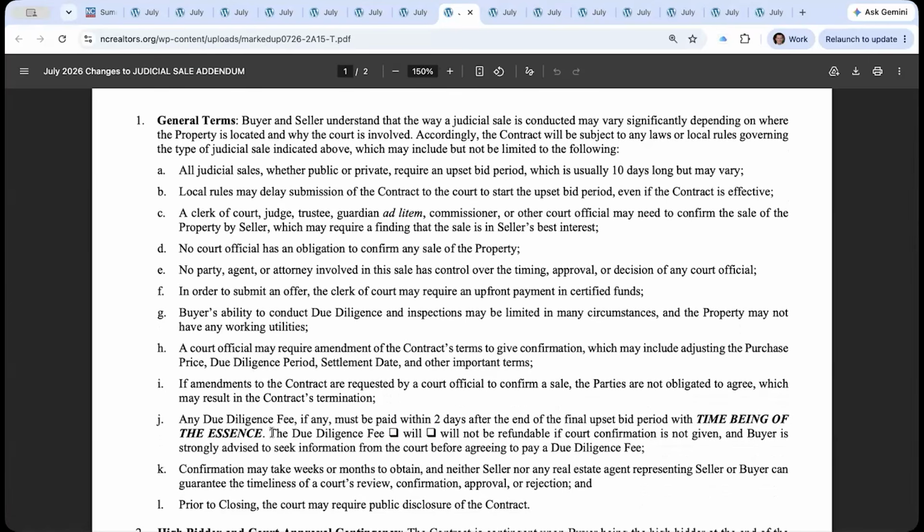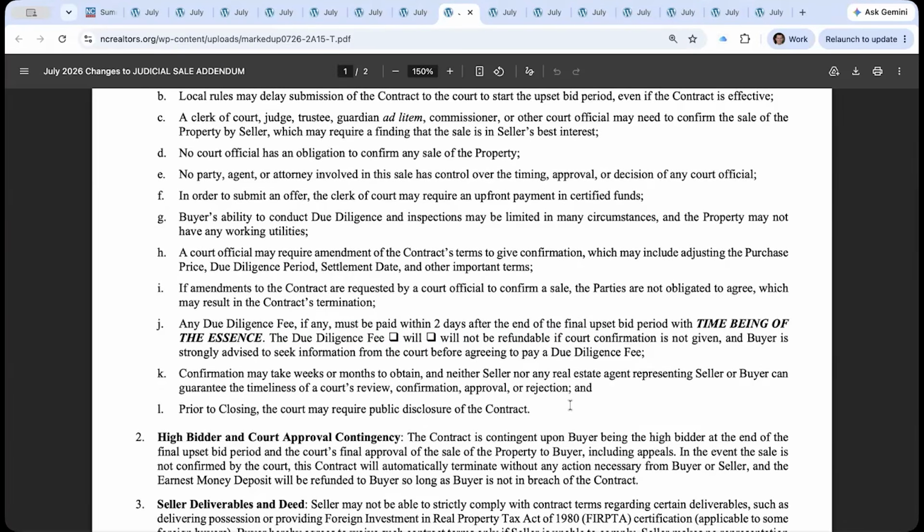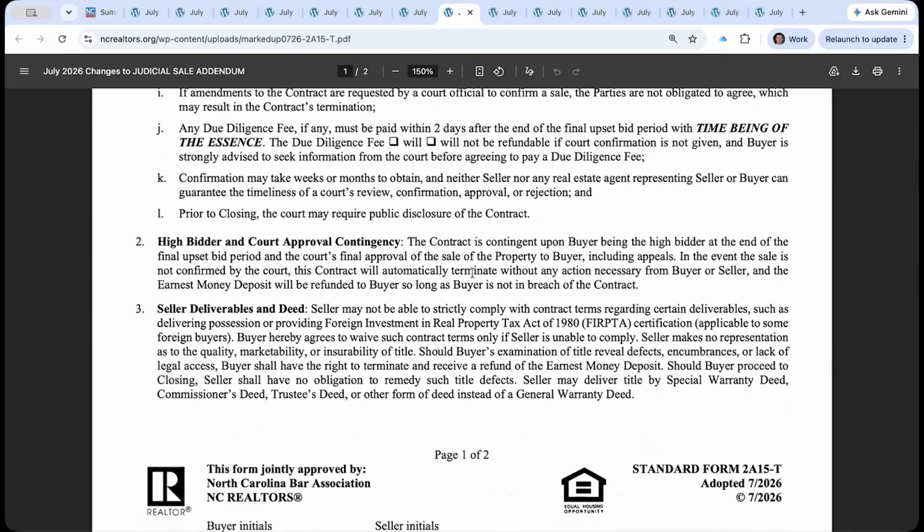But you can see here, there's a checkbox option for whether the due diligence fee will or will not be refundable if the court does not give court confirmation, that actually varies county to county right now. But hopefully now it'll be something the parties can negotiate and make that more clear. Here you got the high bidder approval, an actual contingency built in, so that the contract is now contingent on the buyer being the high bidder, and especially if there's an upset bid period.